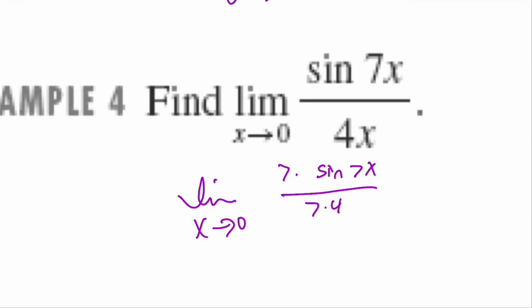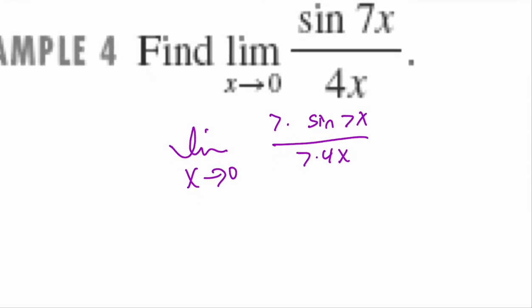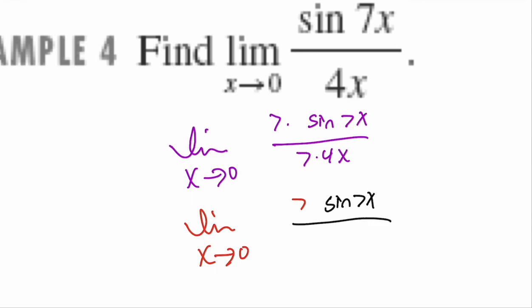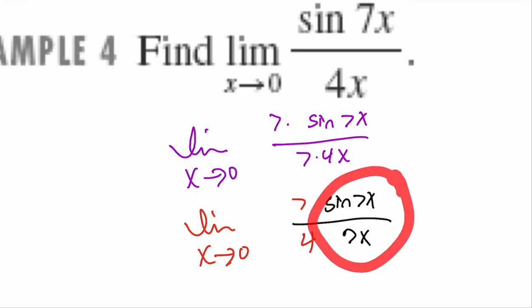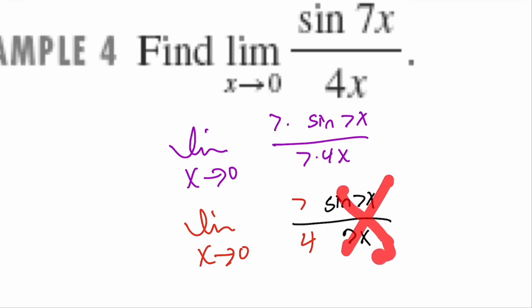Then we're going to rearrange the algebra a little bit. We're going to leave the 7 here because we can't do anything about it. And here we're going to pull out the 4, but leave the 7 with the x. Now, once these match, that always reduces down to 1.